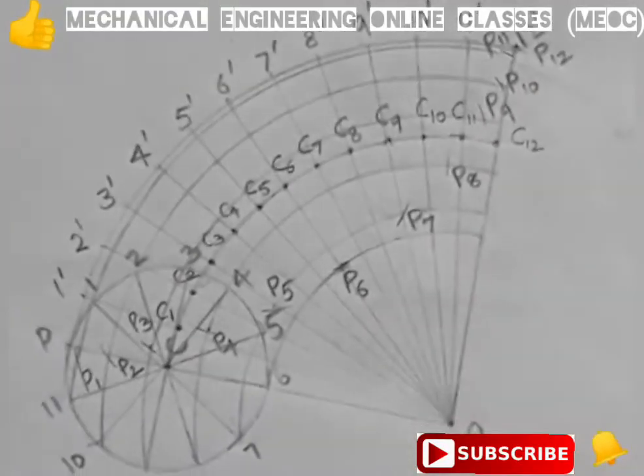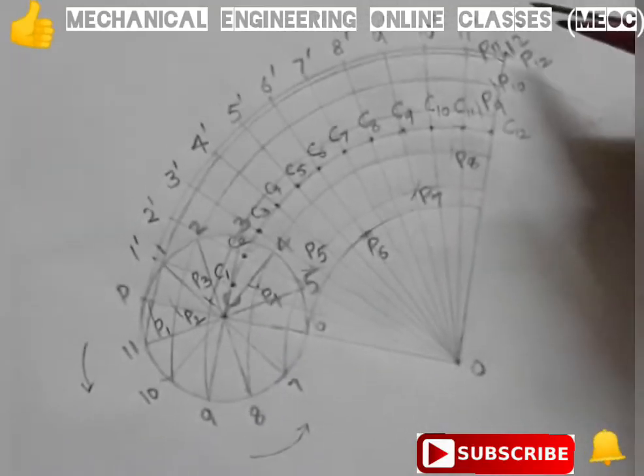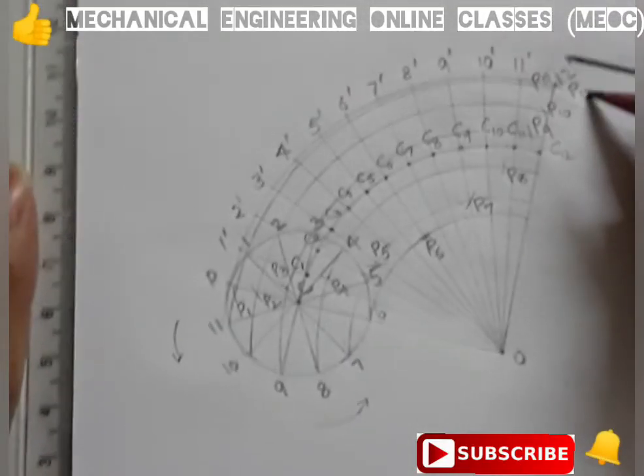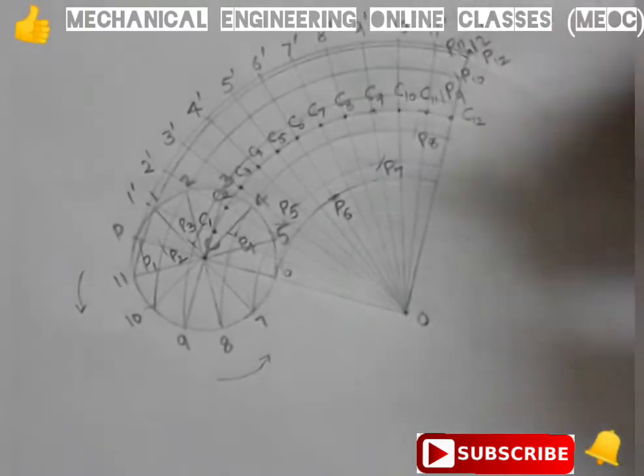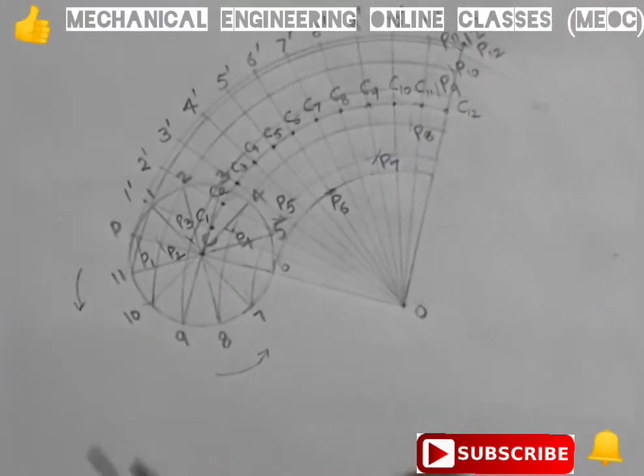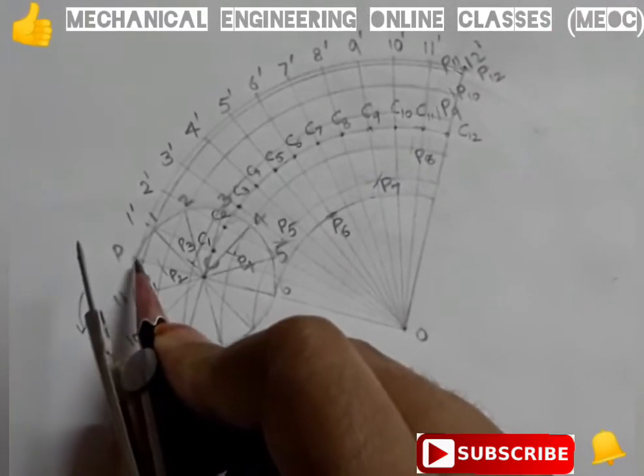You don't have to name it separately, but for your clear understanding I have named it as P12. P12 and 12 dash will coincide. Now I will join all the points with free hand.